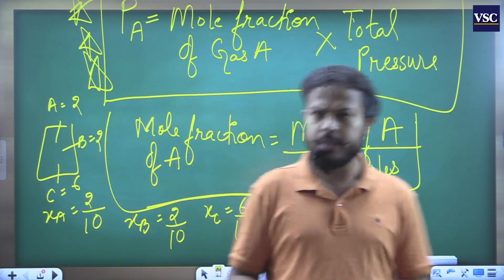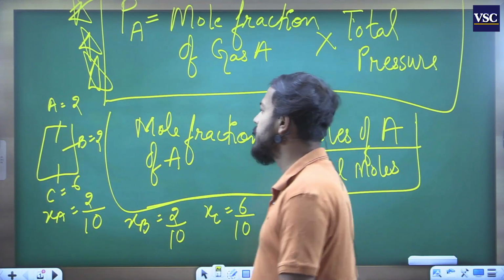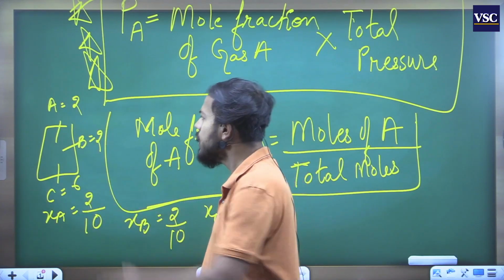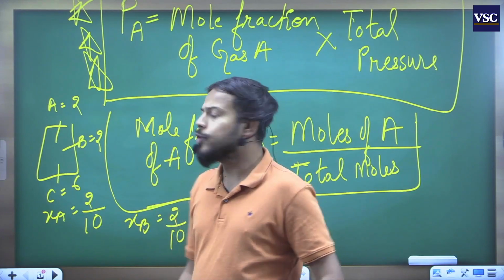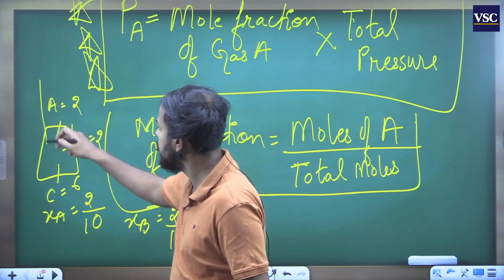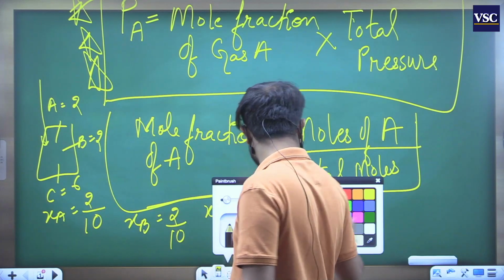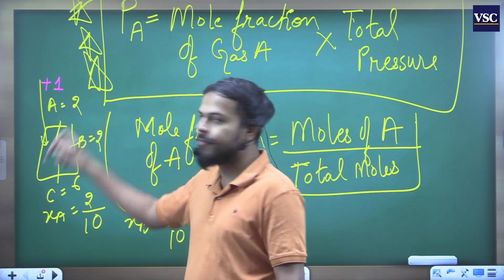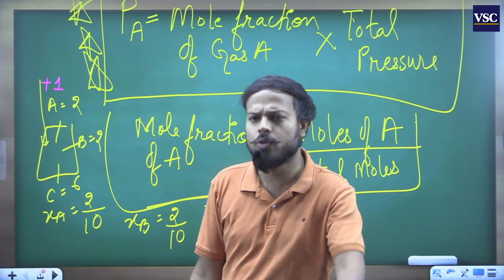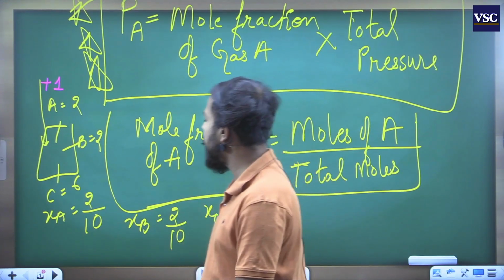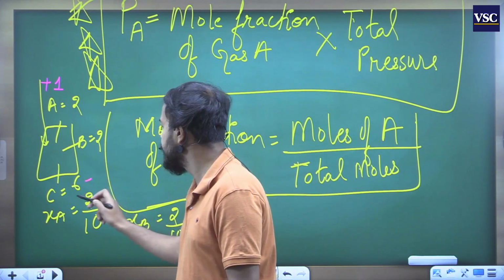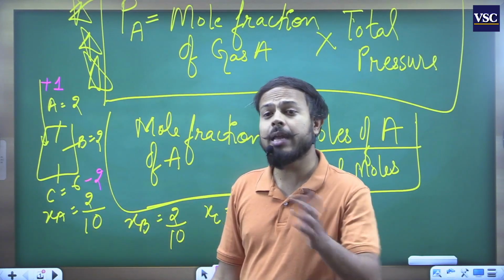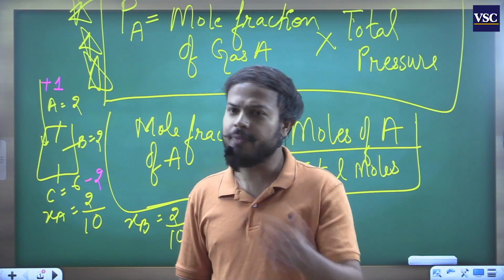Second very important thing: if you have gas A, gas B and gas C, and the question says that you have added 1 more mole of A and you have removed 2 moles of C, then what will happen to the partial pressure of every gas?